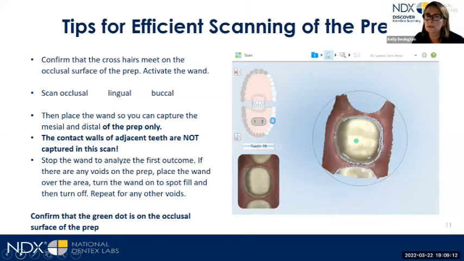One of the things that's really important that we're trying to hit home with every communication we have publicly is the importance of scanning the prep and only the prep during the prep tooth segment, meaning not to scan the adjacent teeth, not to scan the interproximal walls of those adjacent teeth, and only scanning that prep in a good 8 to 10 seconds, starting with the crosshairs over the occlusal and then rolling lingually and buccally, really making sure that you're deliberate in that roll, allowing the light to shine into the sulcus, which is capturing the data and acquiring the information.